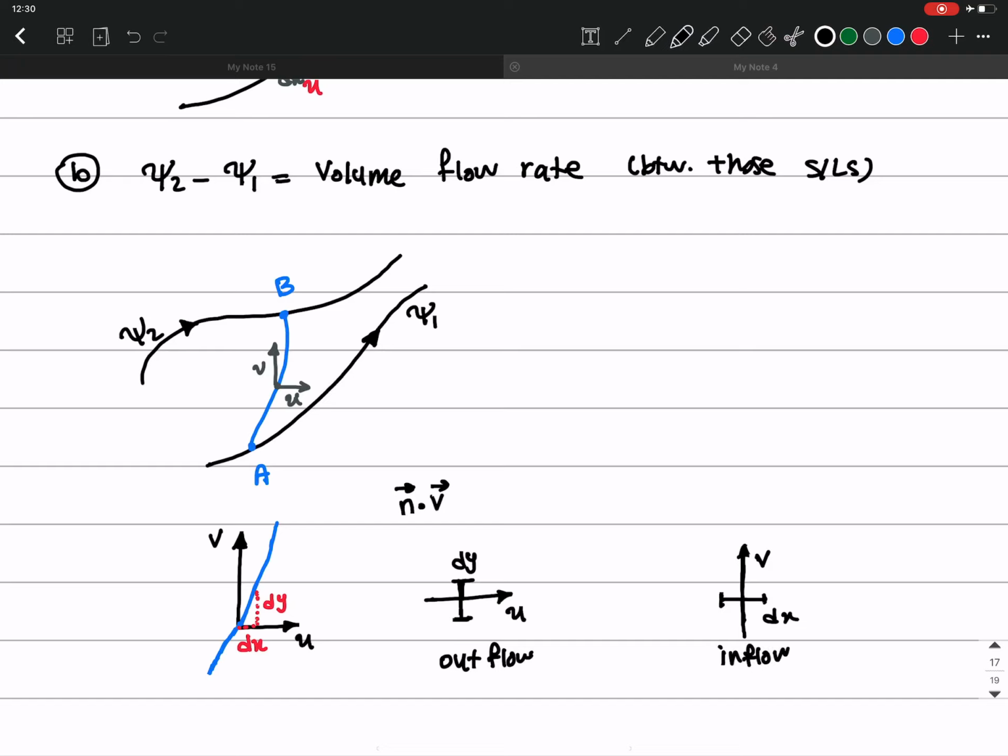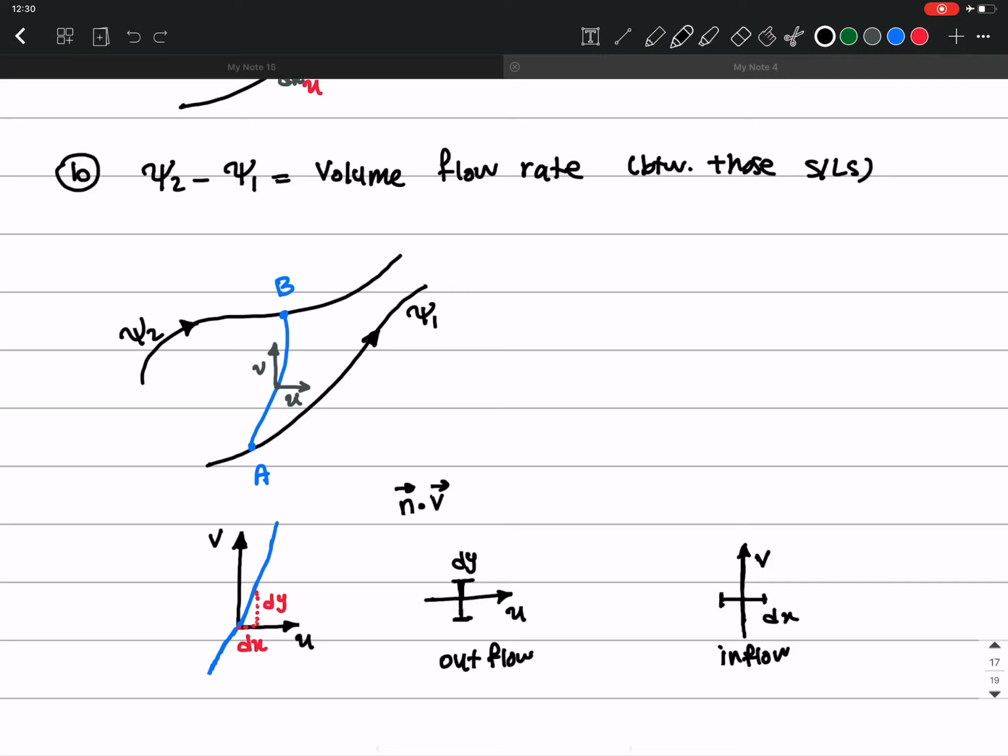Because u is going out here, as you see, and the v component is going into this cross line or an arbitrary control volume that we have considered here. Okay, so one is outflow, which is going out of this, and one is actually inflow, which is going inside.